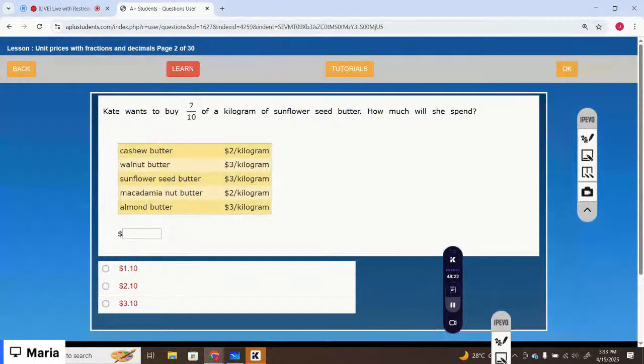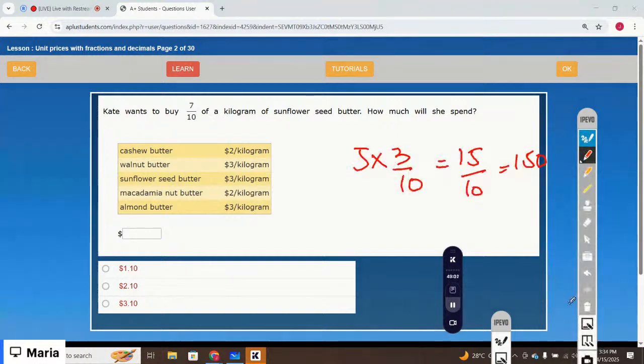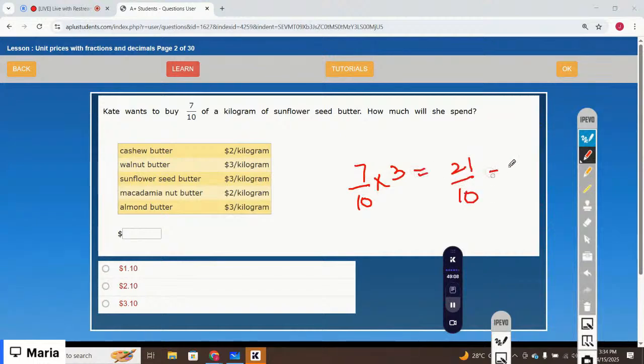Kate wants to buy 7 by 10 of a kilogram of sunflower seed butter. How much will she spend? 7 by 10 of 3. 7 by 10 times 3. 21 over 10, that is 2.1.